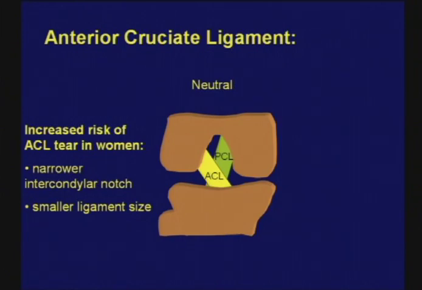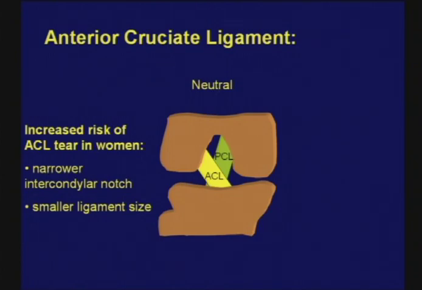I've already pointed out the importance of the geometry of the intercondylar notch through which the anterior cruciate ligament and posterior cruciate ligament pass. There's a lot of interest about why it is female athletes more than male athletes who are particularly prone to develop tears of the anterior cruciate ligament. And a lot of theories have been developed to explain it, including differences in ligament laxity in men and women.